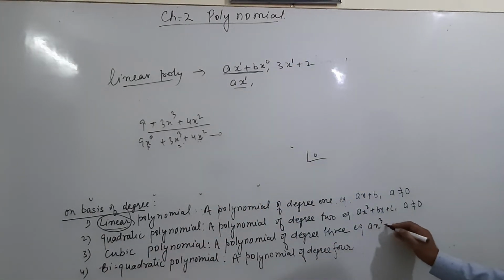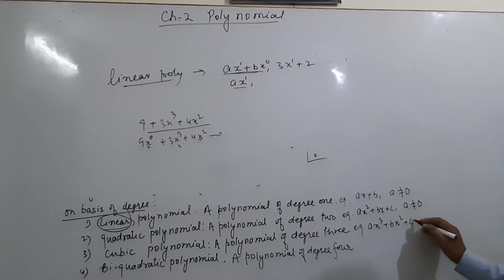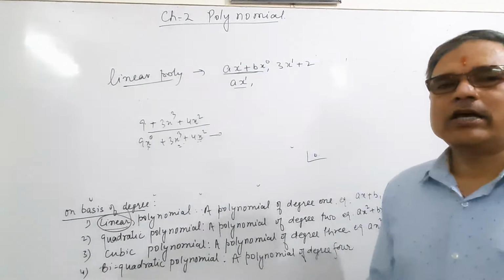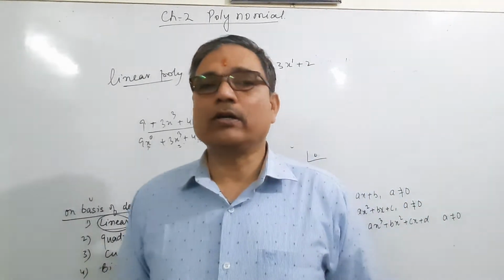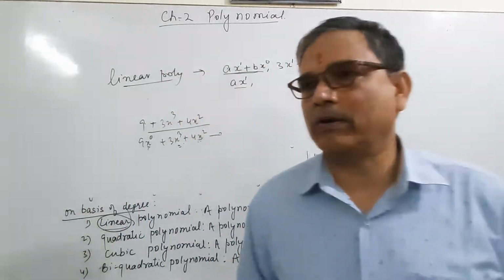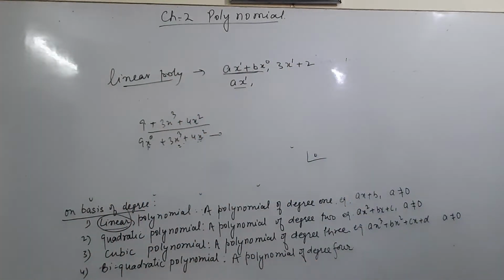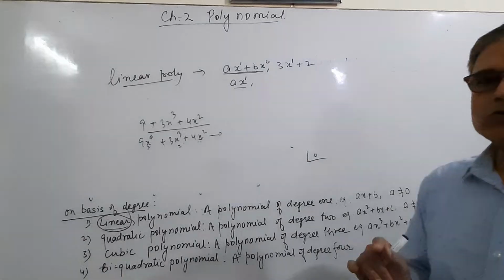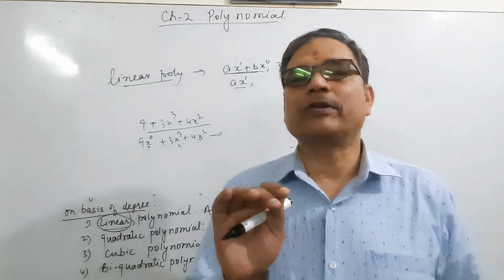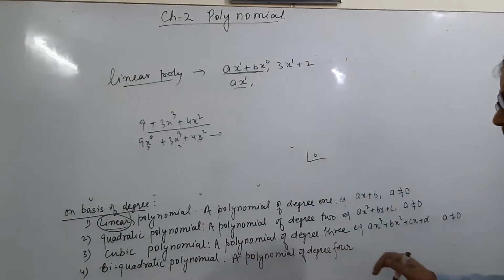Example, ax cube plus bx square plus cx plus d, and a not equal to 0. Again, if a equals 0 in a cubic polynomial, then it will form a quadratic polynomial. If the highest power of the variable is 4, that will form the biquadratic polynomial.